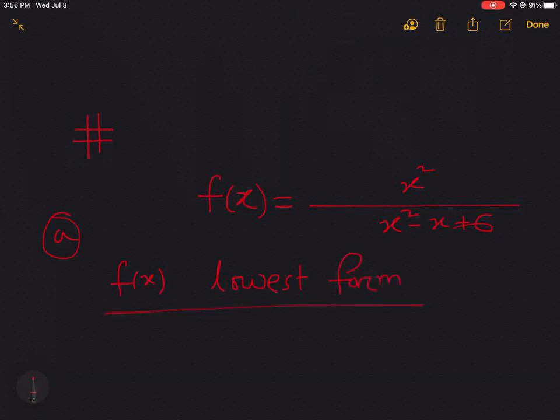You need to write it in the lowest form. That's the first question. So the first part is, is it written in the lowest form, or can you actually write it in a format which could be the lowest form in place of this? Can you change it?